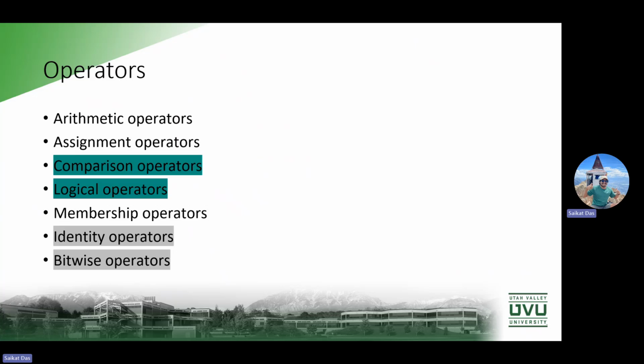The add sign is an arithmetic operator. That means we are doing arithmetic operations. So arithmetic operation is one of them. Assignment operator, this is very simple. Then we will be using comparison and logical operators. Then in some other places we will be using membership and identity, but we are not using any bitwise operators in this class. But you need to know those are the operators in Python.